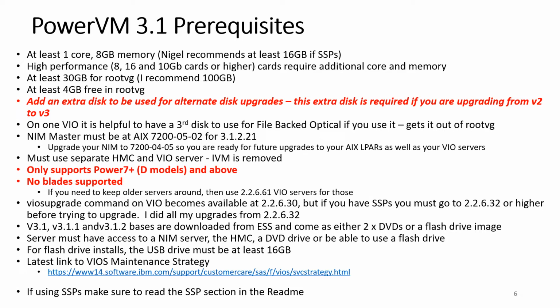It does not support any of the blades. The command that you're going to use for the upgrade if you're going from version 2 to version 3 is the VIOS upgrade command. There are two versions of that, one with NIM and one that runs on the actual VIO server. Just be a little bit cautious because they are different and have different syntax.